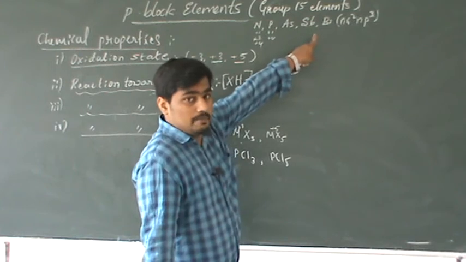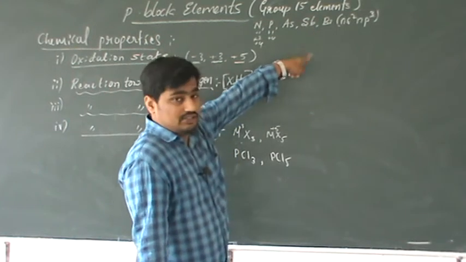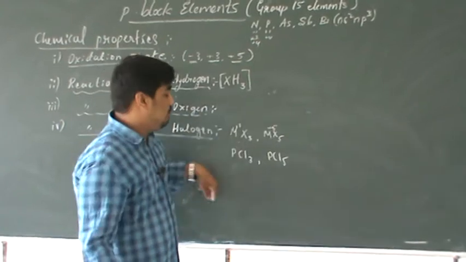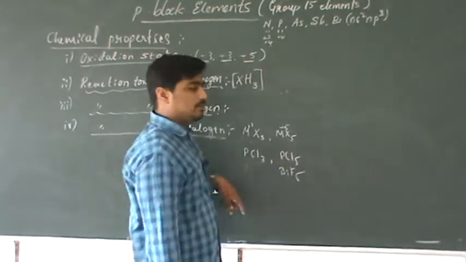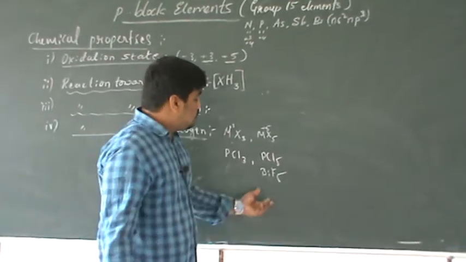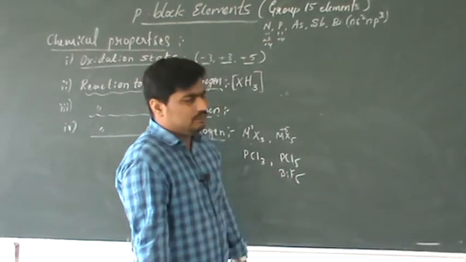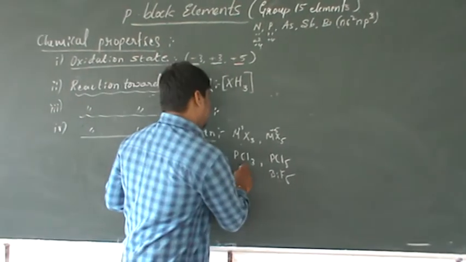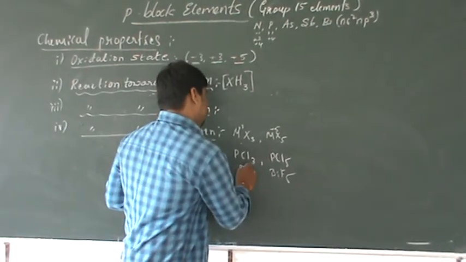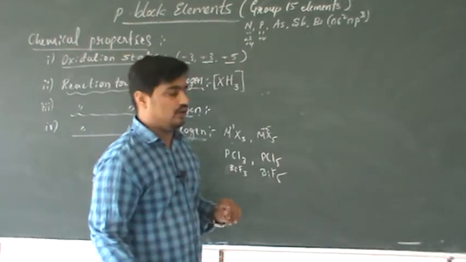Bismuth also shows the +5 oxidation state with halogen, and BiF3 is also possible. So these are the halogen compounds.